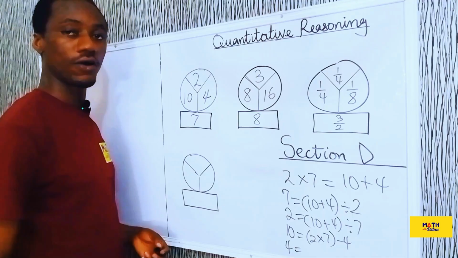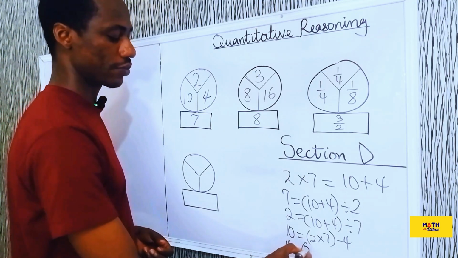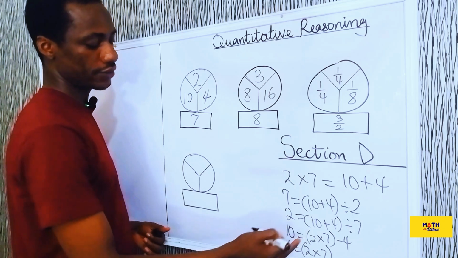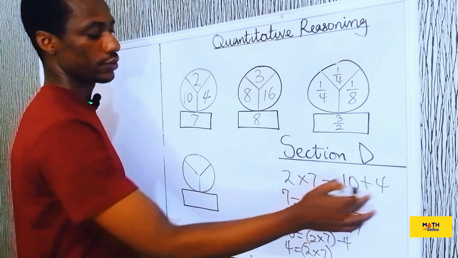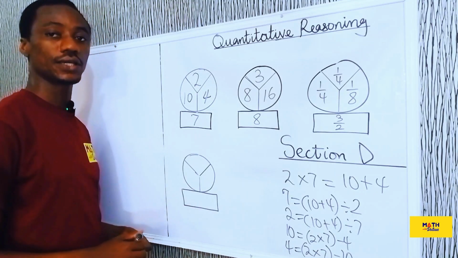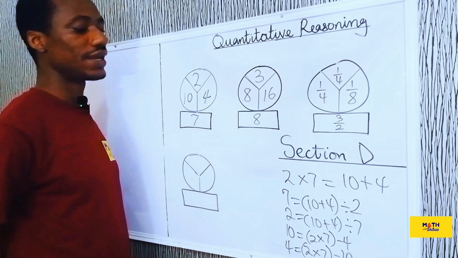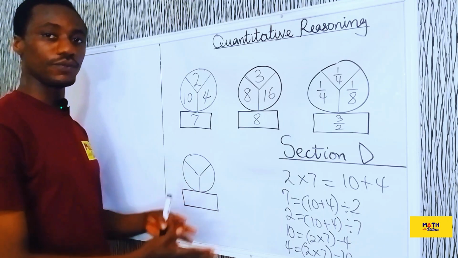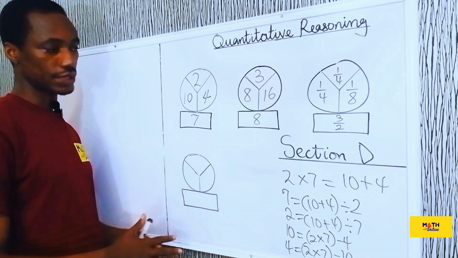And the same thing for 4. We have the multiplication and the answer is 14. If we take away 10, we know that we'll be left with 4. And so that's it. We have analyzed the sample, and with this, we can use this as a formula to answer the exercises.